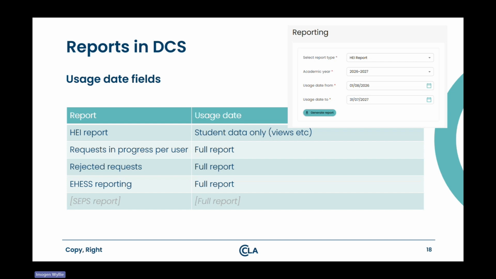So the HEI report will still pull for the whole academic year because that's how the requests work. But that usage data, so the number of clicks, is going to be the date range that you enter here. However, in the other ones, that's what the report will bring back because they are much more date defined.